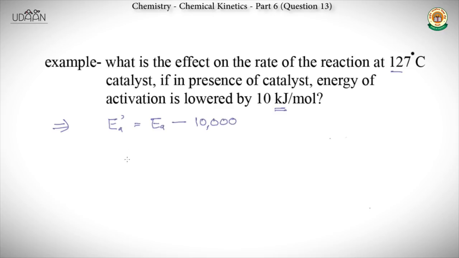So the Arrhenius equation is K is equal to A e raised to the power minus EA by RT. And finally K dash will become A multiplied by e raised to the power minus EA dash by RT, which is further equal to EA minus 10,000 by RT.